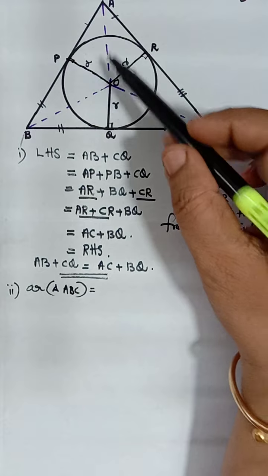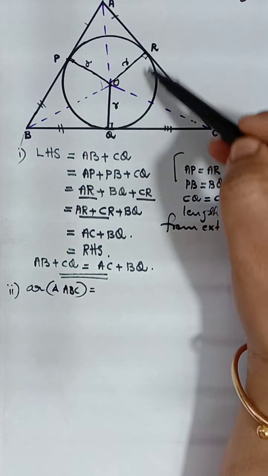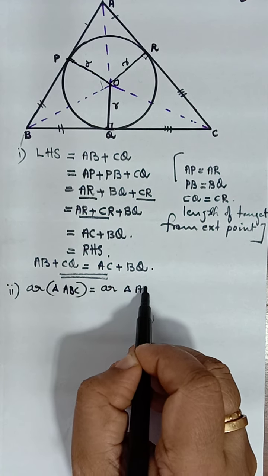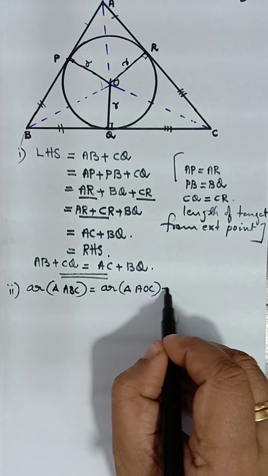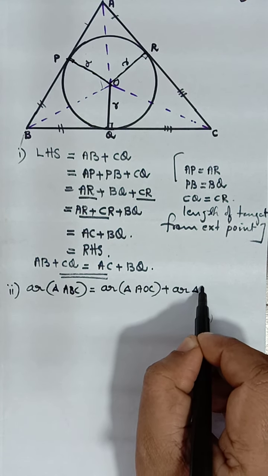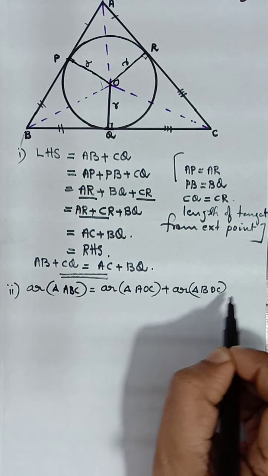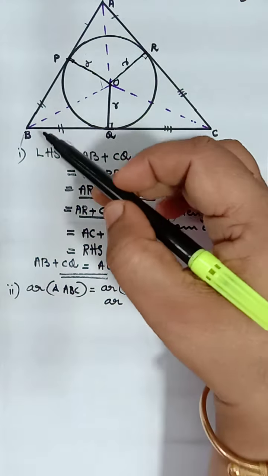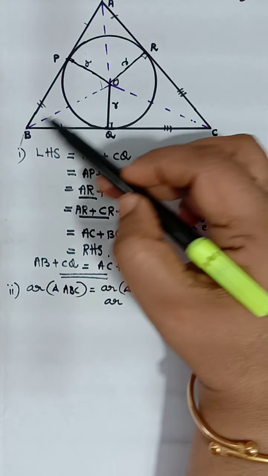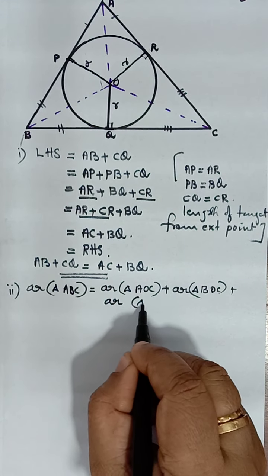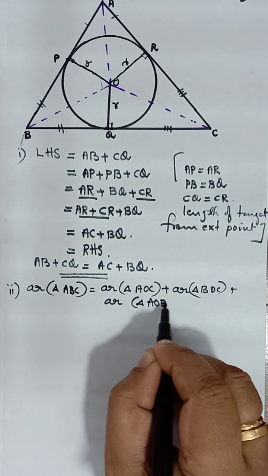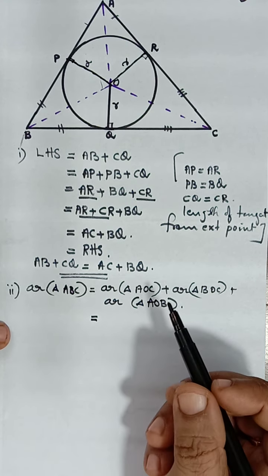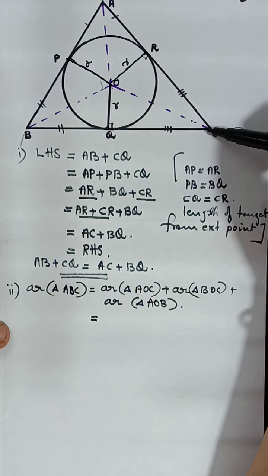So, sum of these areas of these three triangles. That is area of triangle AOC plus area of triangle BOC plus area of triangle AOB. Okay, so let us write what it is. Area of triangle AOC.